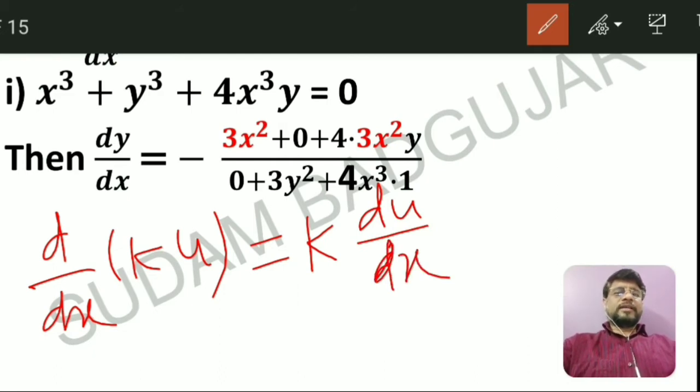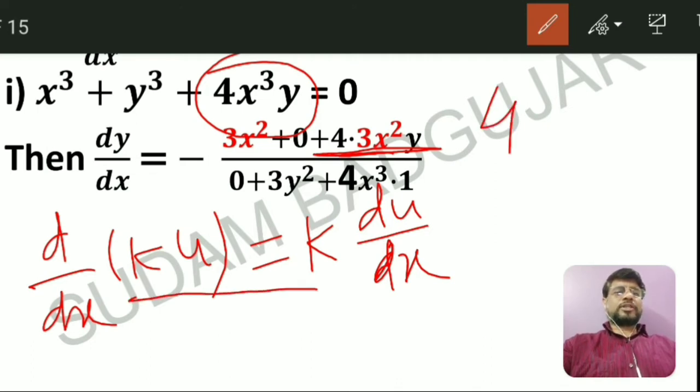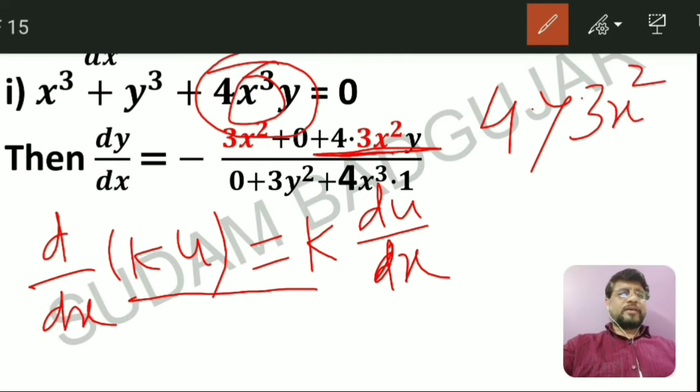Similarly, for the derivative of 4x cube y with respect to x in the numerator, 4 is constant and y is constant, so write them outside. The derivative of x cube by the x to the n formula is 3 into x square. So it is 4 into 3x square into y as it is.